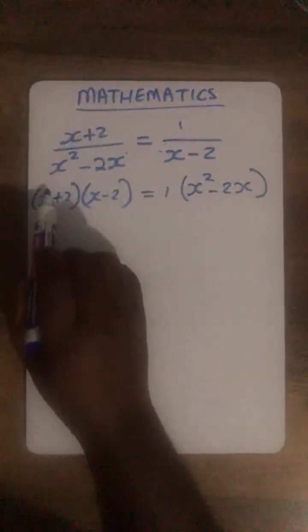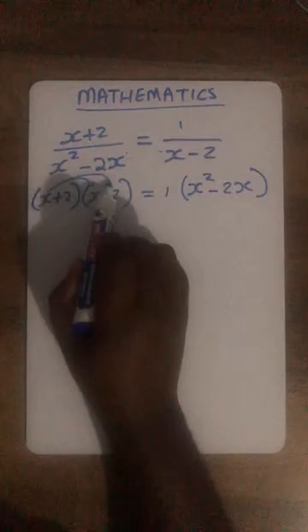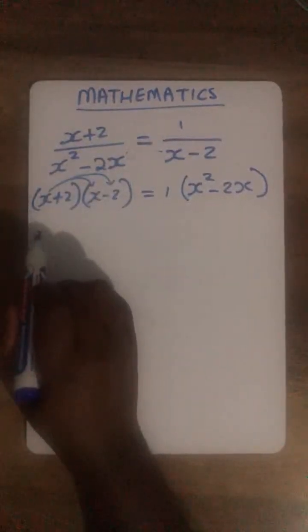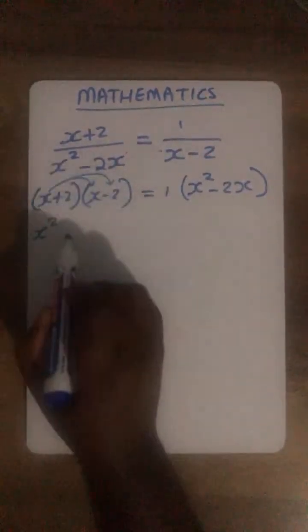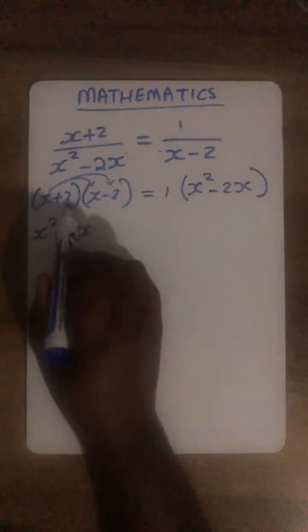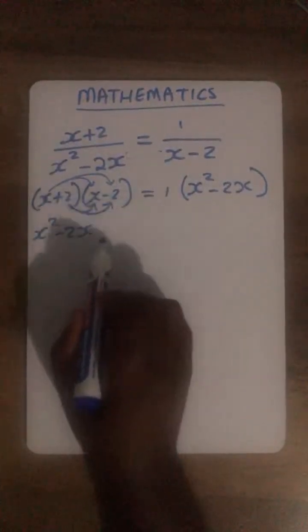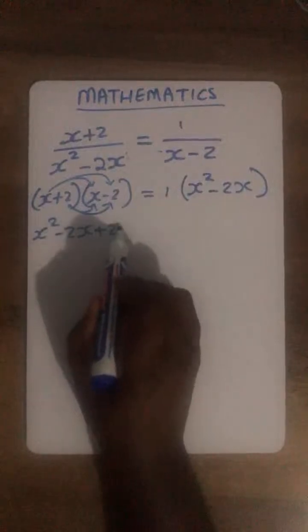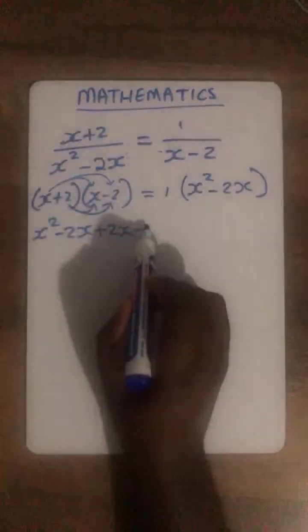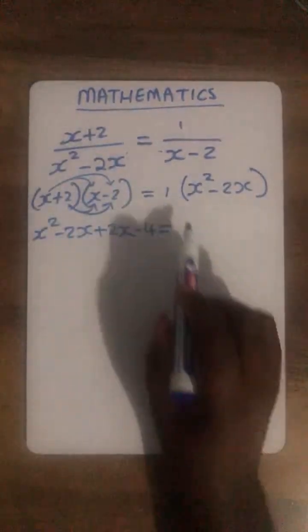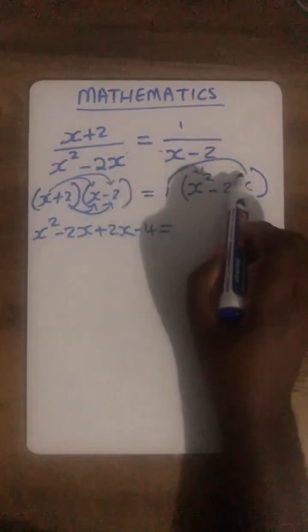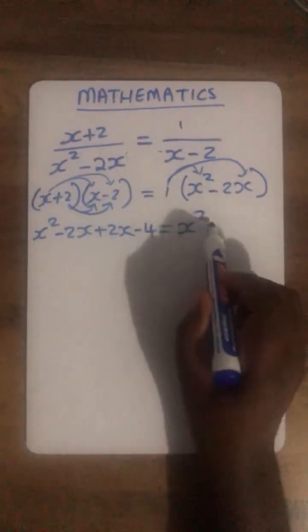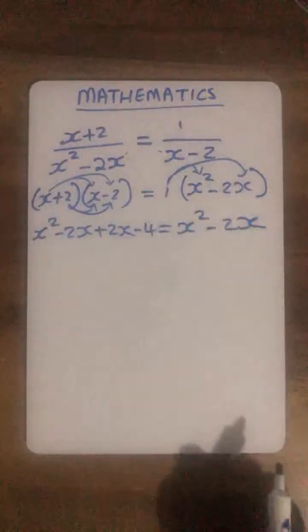So now you have x squared, it makes it minus 2x, plus 2x, that by that is negative 4, which is equal to that by that, which ends up being the same thing because you are multiplying by 1.